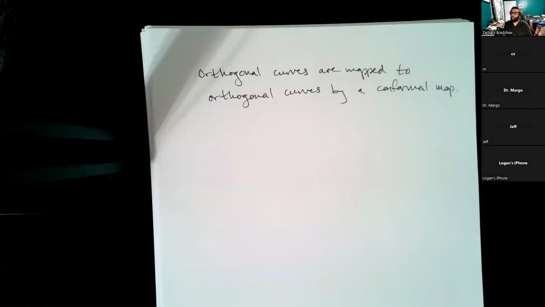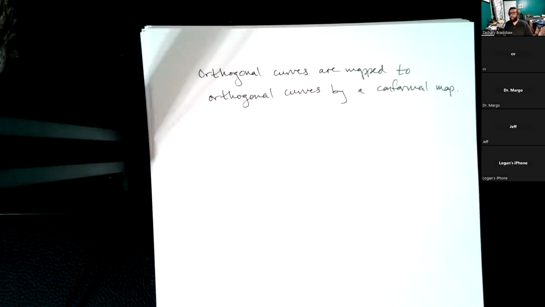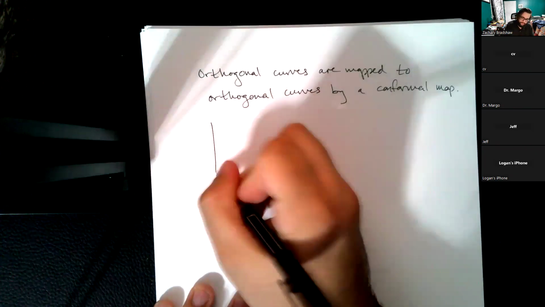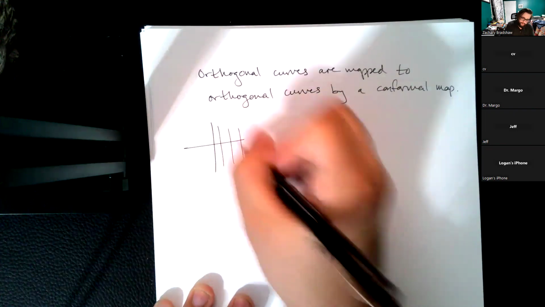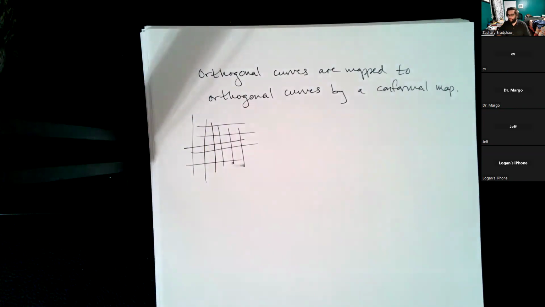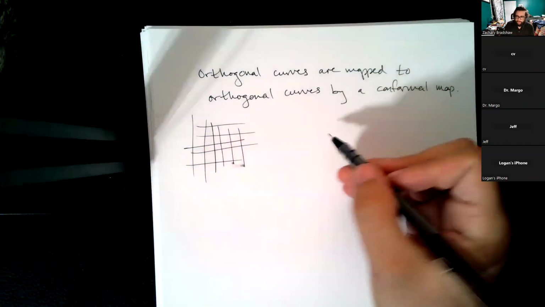The usual Cartesian grid, these are orthogonal curves, or we can draw it as a bunch of orthogonal curves. But also the polar representation.